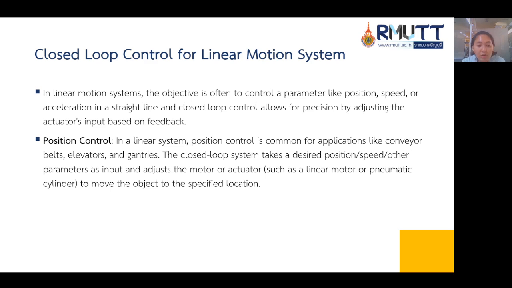Position control in a linear system is common for applications like conveyor belts, elevators, and gantries. The closed-loop system takes a desired position or speed or other parameters as input and adjusts the motor or actuator, such as a linear motor or pneumatic cylinder, to move the object to the specified location.